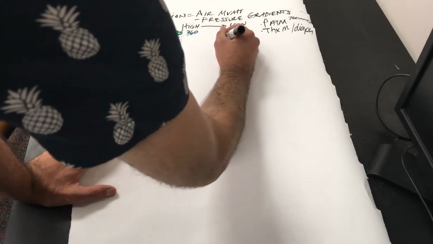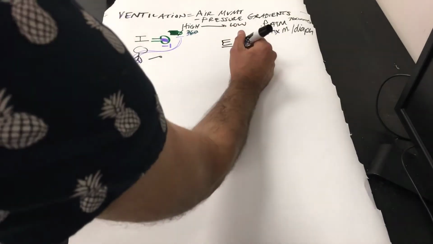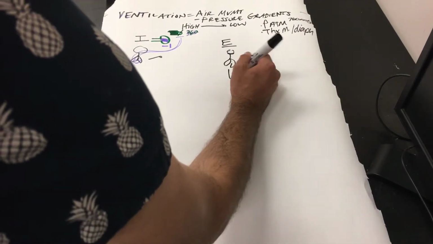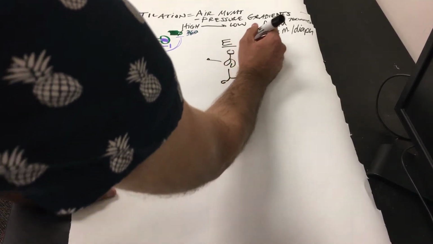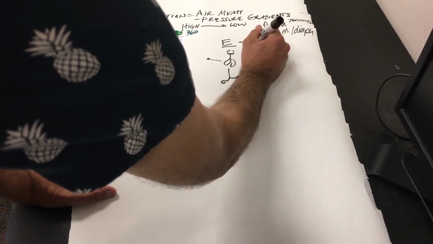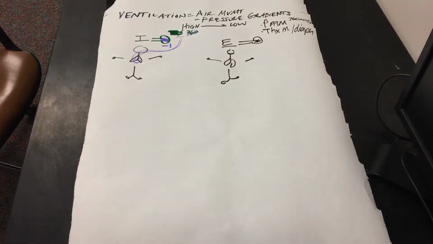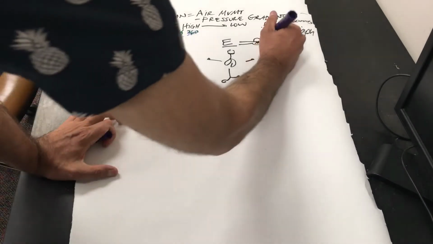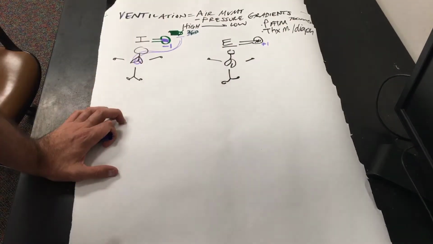For expiration, pressure in the alveolus is about 761. So I think you can also see why this can be simplified to +1, 1 more than 760.